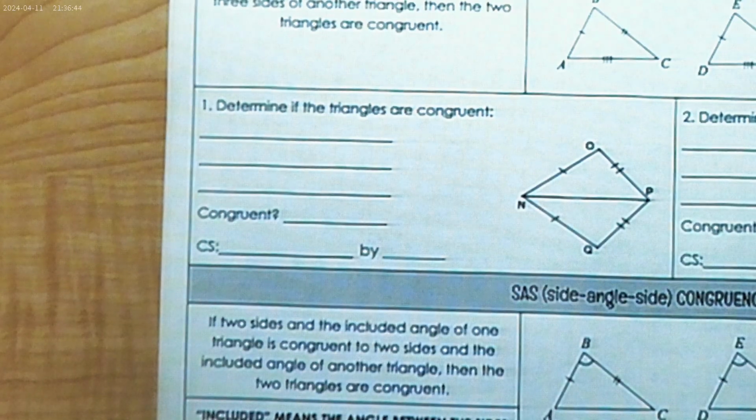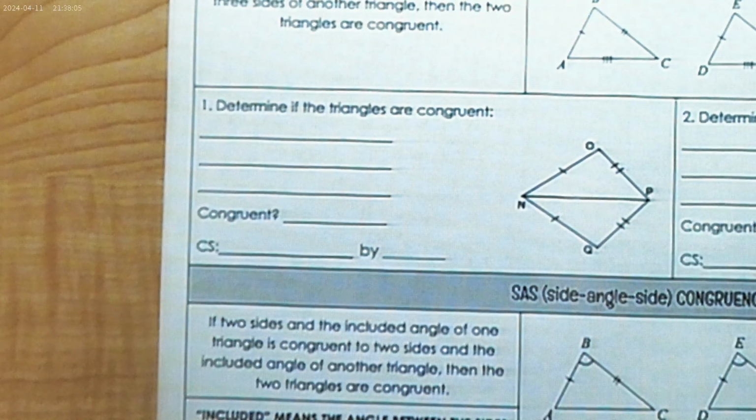I know that it's a mirror image of it, but my issue is that reflections aren't necessarily congruent. So that's kind of my problem with this. You know what? I'm overthinking this.